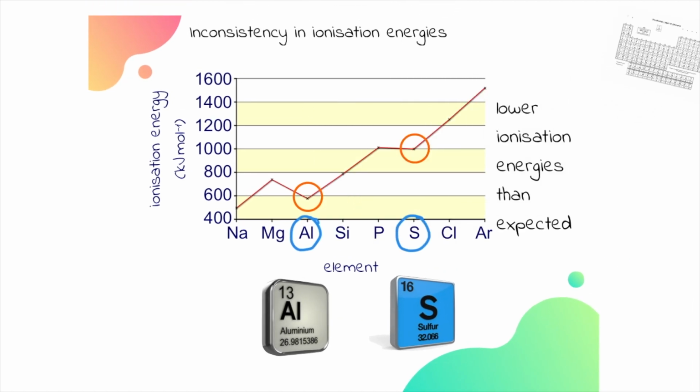The first exception has to do with the electron configuration of aluminium, or generally speaking, group 13 elements.